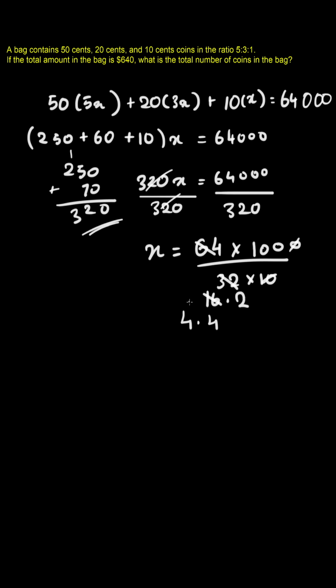Now I can factorize the other side also. 64 is 8 times 8, and 8 is 4 times 2. So I can cut the 4 here, the 4 here, and the 2 here, and I'm left with 2 times 100, so x is 200. Alright, we got the value of x.